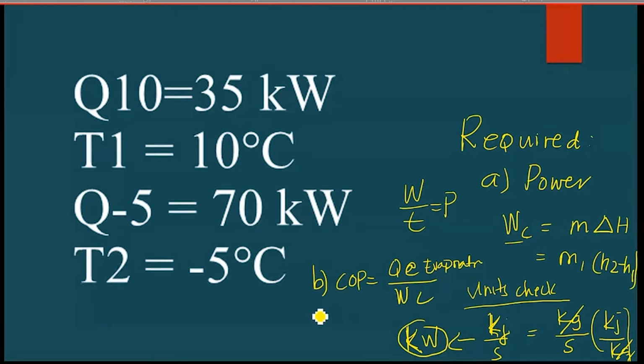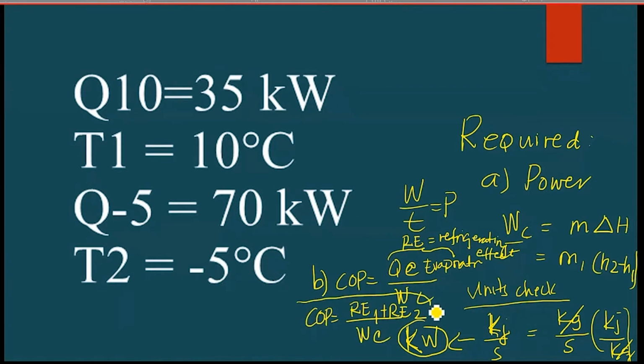Okay, so in this case, because we have two evaporators, the heat load at the evaporator is called RE, or refrigerating effect. Why refrigerating effect? Because the cooling is happening in the evaporator. So in this case, COP is the refrigerating effect of evaporator 1 plus the refrigerating effect of evaporator 2, divided by the work of compression.